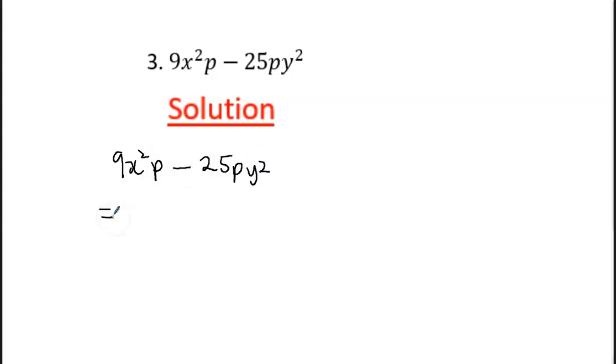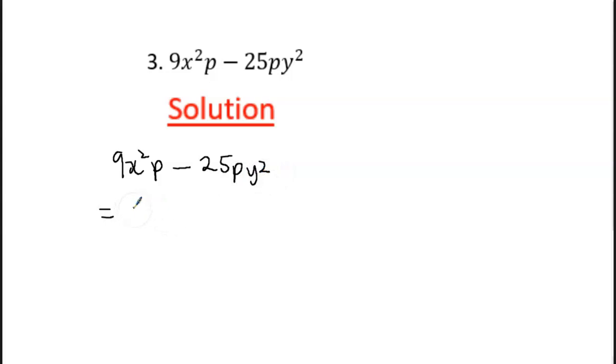This particular question, you have to be very careful. Let's look at 9. 9 is a perfect square. X squared is also a perfect square, but p is not. Then when you come to the second term, 25 is a perfect square. P is not. Y squared is also a perfect square.